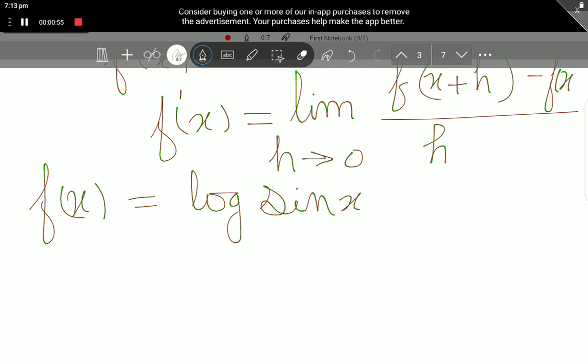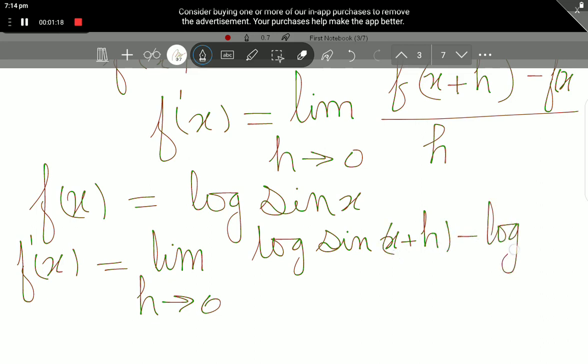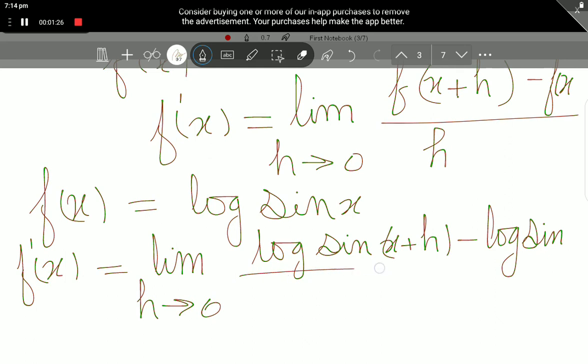So by definition, f dash x is given by limit h tends to 0, log of sin of x plus h minus log of sin x, whole thing divided by h.